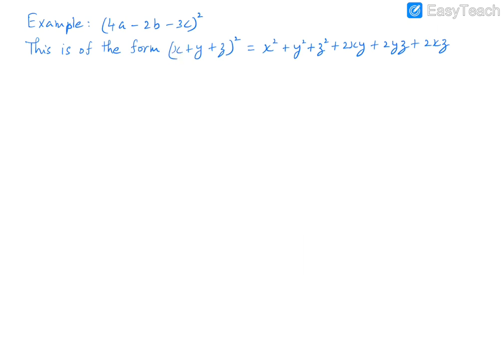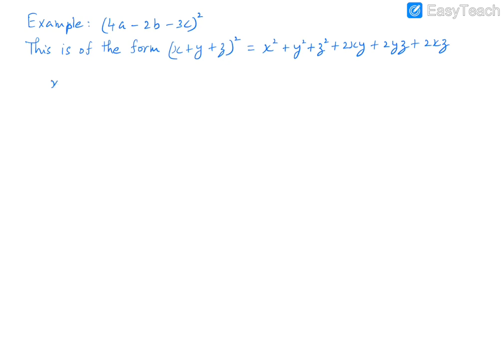So in place of x we have 4a, in place of y we have minus 2b, and in place of z we have minus 3c. So we just need to substitute these in the right hand side of the identity to evaluate this polynomial, or the algebraic expression.